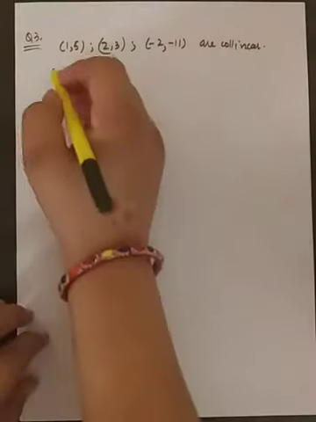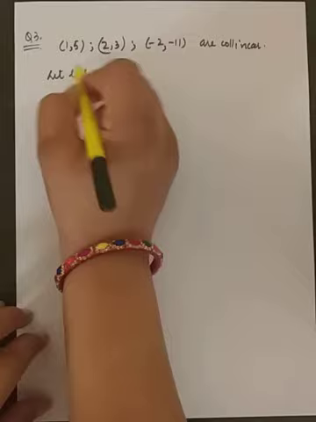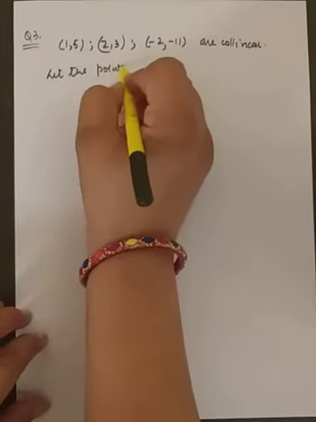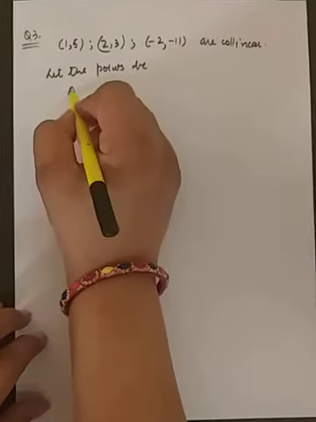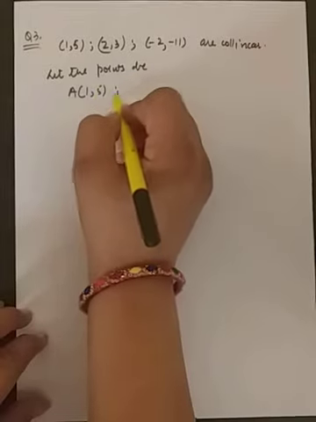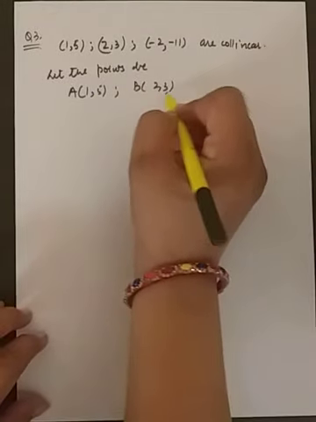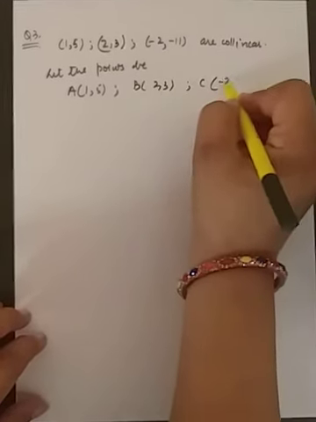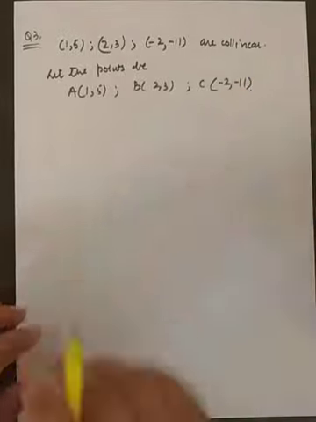And here we have not been asked to plot these points on the Cartesian plane. So again we will solve this question by using the distance formula. Let the points be: A is (1, 5), B is (2, 3) and C is (minus 2, minus 11).